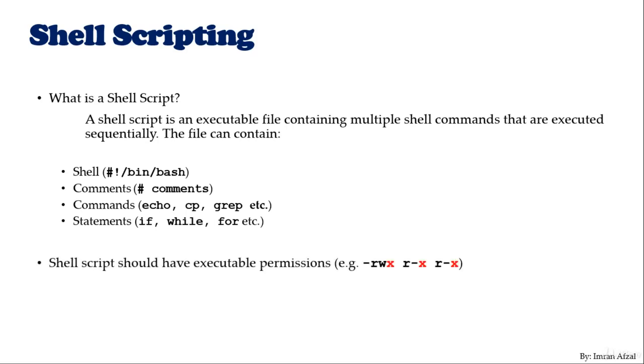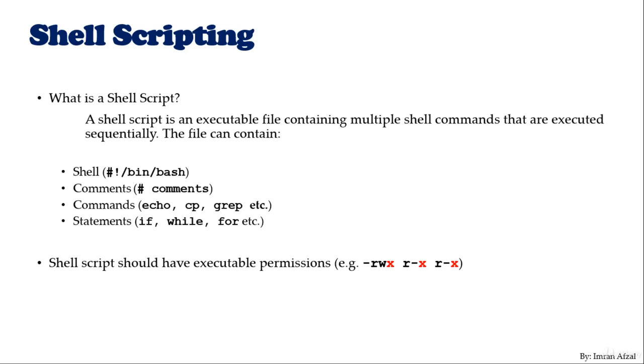A shell script should have executable permission. What it means is that when you create a script, of course, a script is just an empty file. Everything in Linux is just a file, a flat file, until you change it to an executable or link.